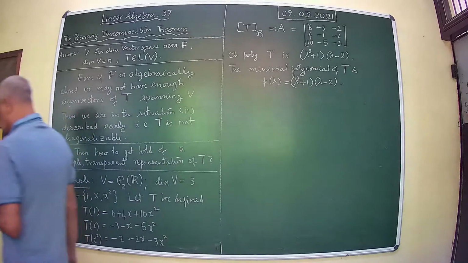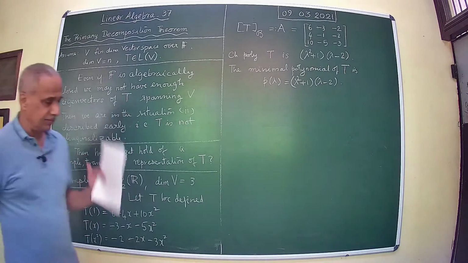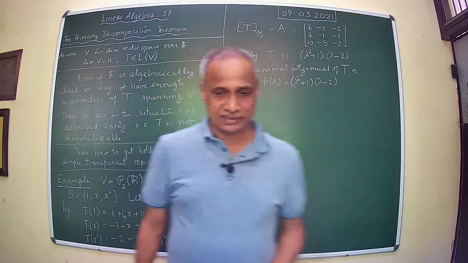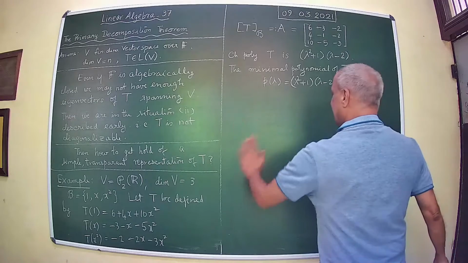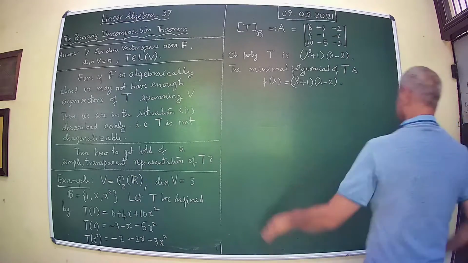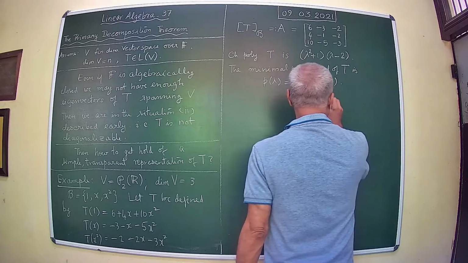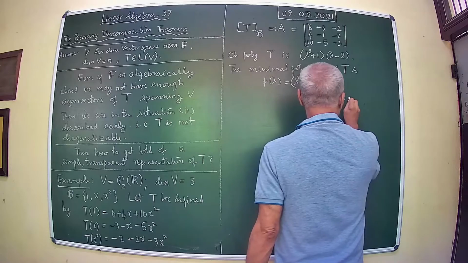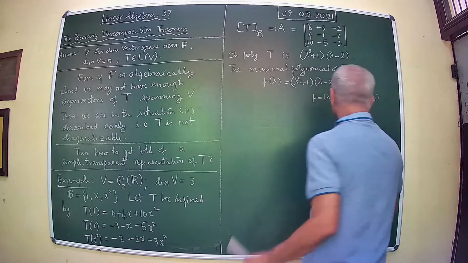Now let us extrapolate from our experience of working with diagonalizable operators. What did we do? In the diagonalizable operators, we had p coming as the product of lambda minus lambda_i. What did we do?